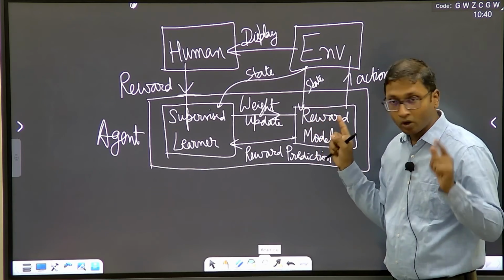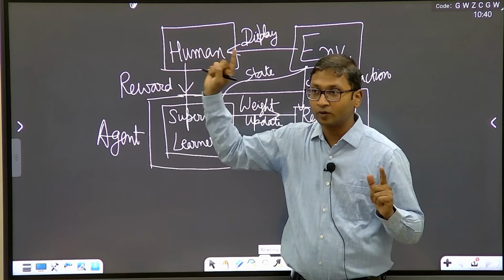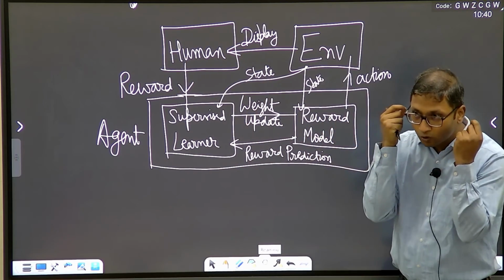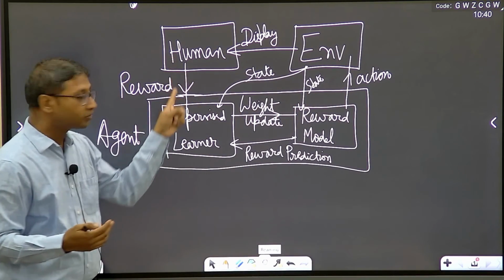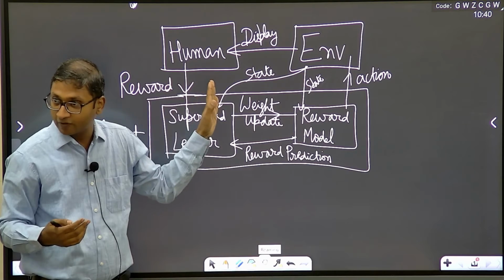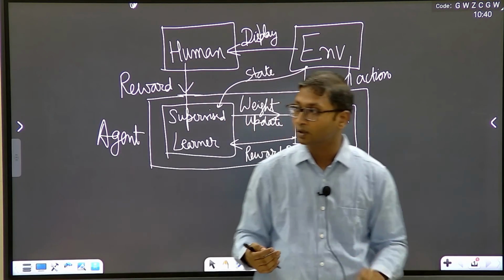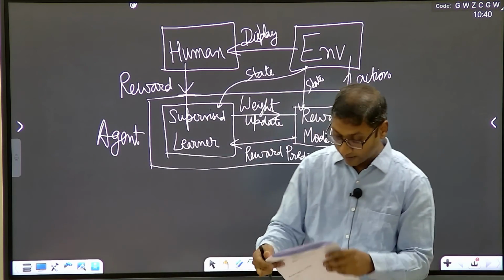When your model is good enough that it is able to match the reward from the human being. Once your reward model has become so efficient that it has modeled this reward from the human being really well, then you don't need human labelers. Now, this information I did not have before.